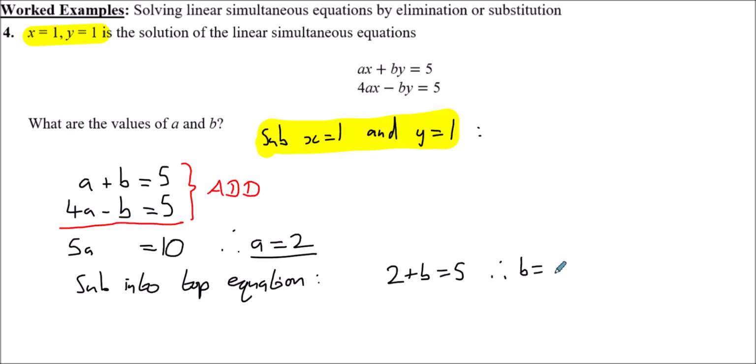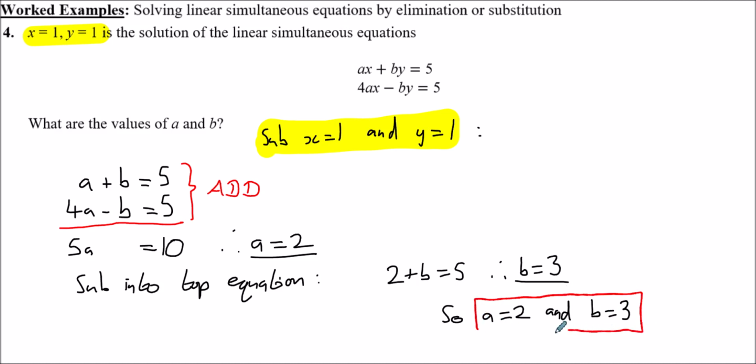We see that b must be 3. So a is 2 to conclude, and b equals 3. And that's all there is to it. So even though this last example looked harder and a bit more confusing, it's actually not so hard as it may seem. So now what you need to do is try some of these yourselves.